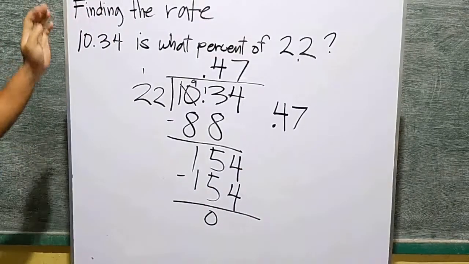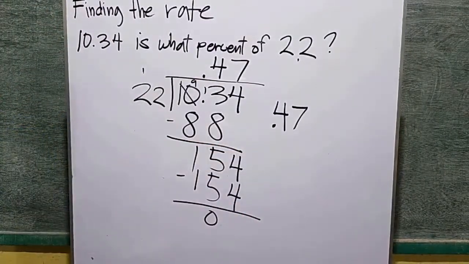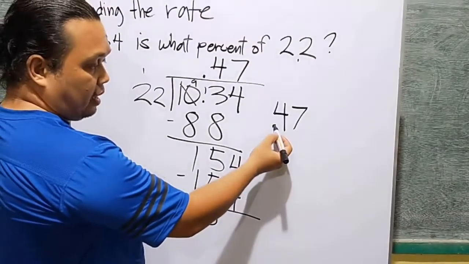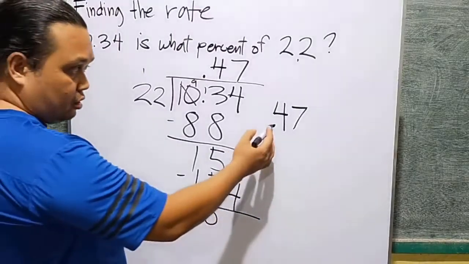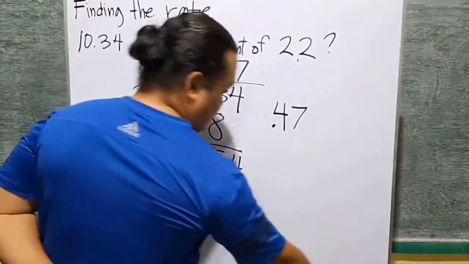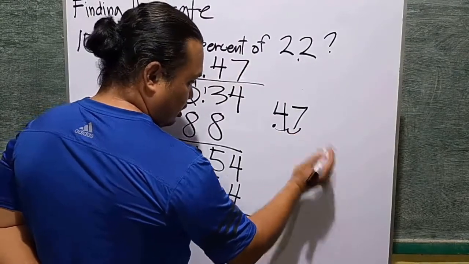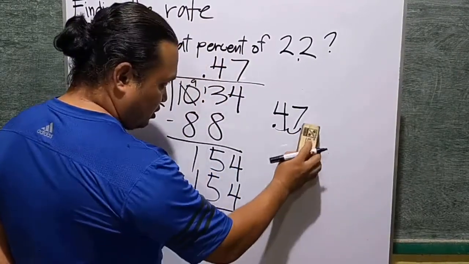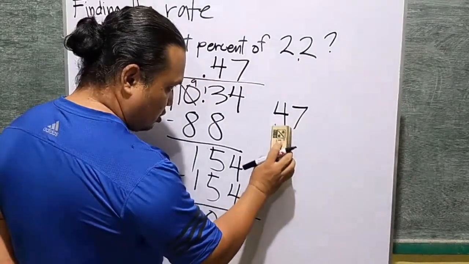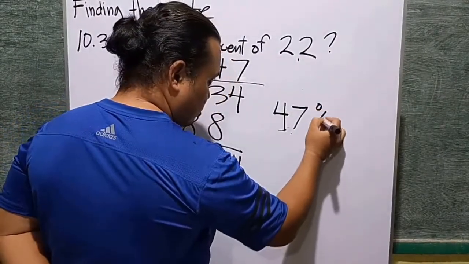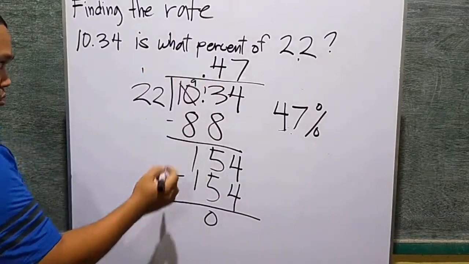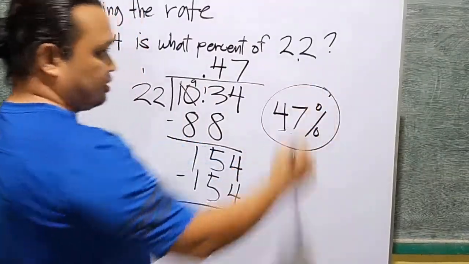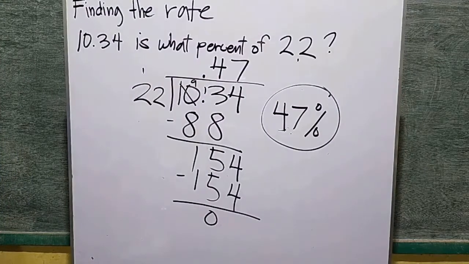To change 0.47 into percent, all we need to do is move the decimal point 2 steps to the right. 1, 2, and drop the decimal point, change that into percent. So our answer is 47%. 10.34 is 47% of 22. That will be our answer.